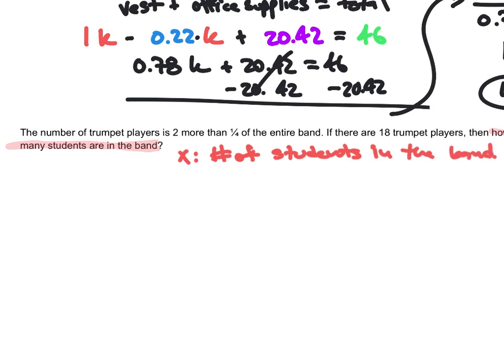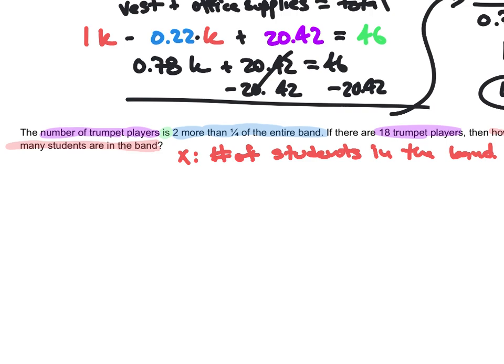All right. And so from here, what I want to do is use this phrase here to help me write an expression. 2 more than 1/4 of the entire band is the number of trumpet players. And we know that the number of trumpet players is 18.